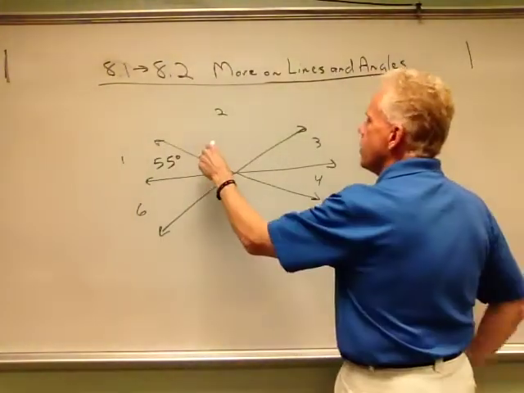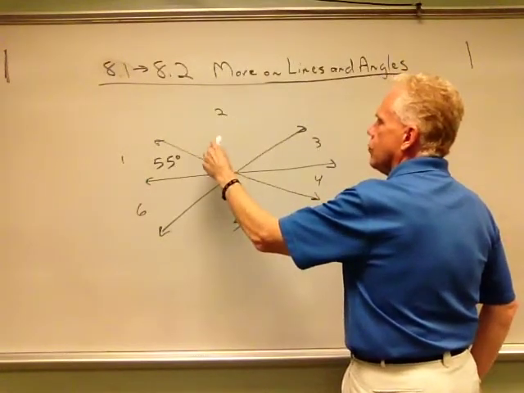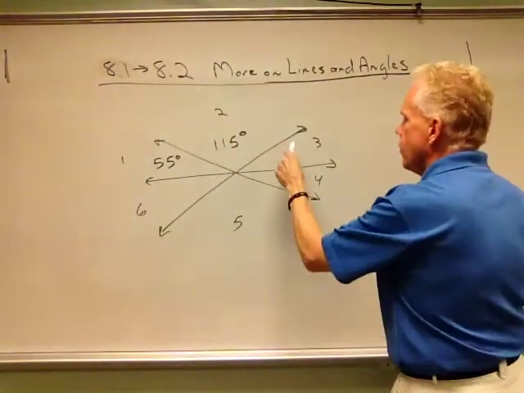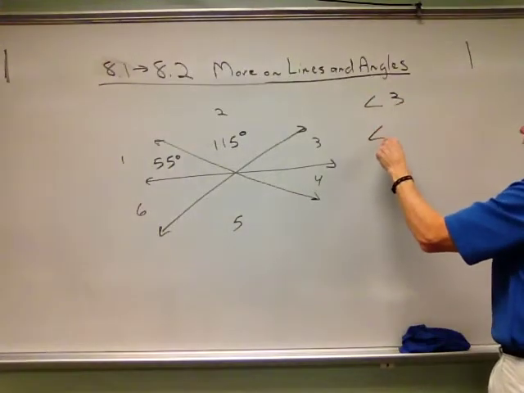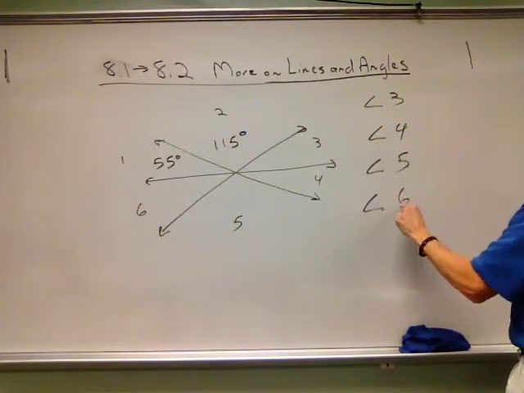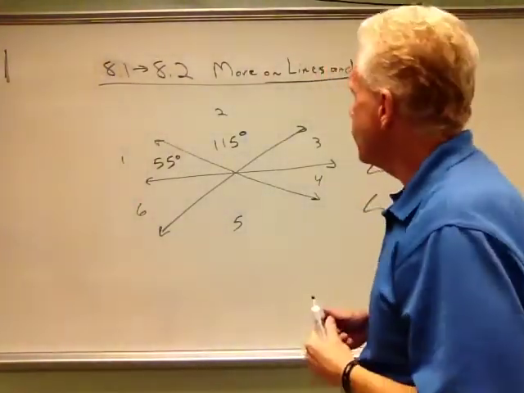That looks like it's probably about 100, let's call that 115 degrees. And then we want to know what's the measure of angle 3, of angle 4, of angle 5, and angle 6. We're going to use a couple principles here to run into this very quickly.